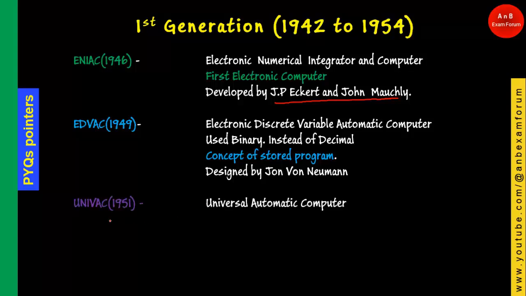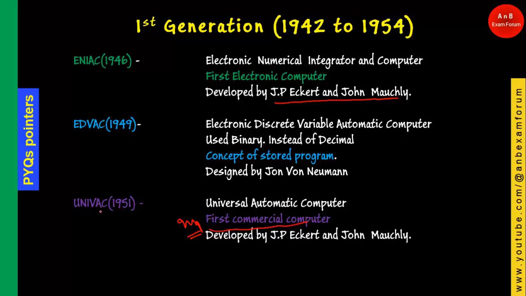Coming to the next important one, the UNIVAC. It was again developed by J. P. Eckert and Mauchly, and the full form is Universal Automatic Computer, and it is the first commercial computer. So if they ask you the name of the first commercial computer, your answer should be UNIVAC. Okay, so the three names ENIAC, EDVAC and UNIVAC you should remember.